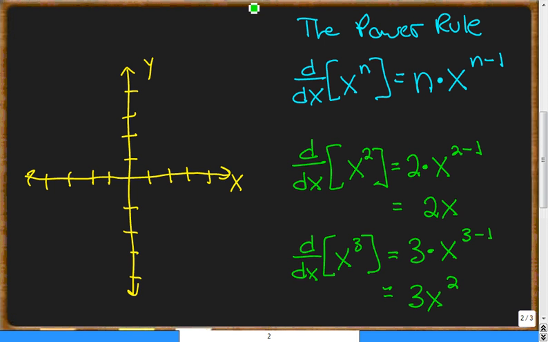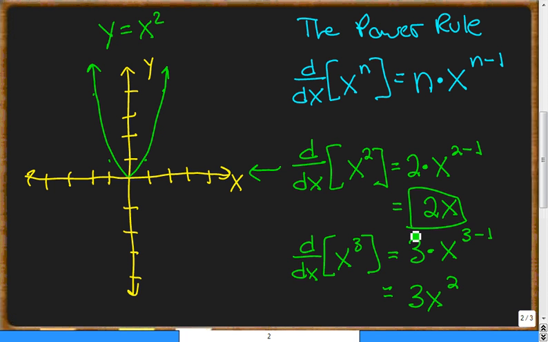Well, if we were to graph y equals x squared, so we've got y equals x squared there. At any point on the graph, 2x will describe what our slope is. So if we say, okay, what's the slope at -1?